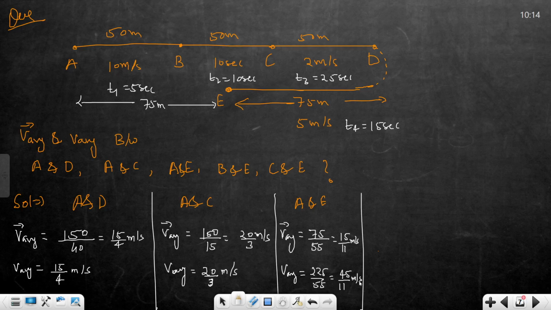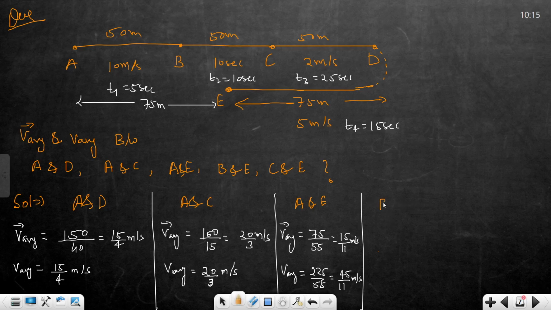Whether you write 150 minus 75 or you write just simply 75, that doesn't matter. Final answer matters. But when you write this in your school, then you have to show the step that the displacement is 50 plus 50 plus 50 minus 75. Okay, in school, sir, if I do it directly, the teacher will cut marks. Okay, fine.